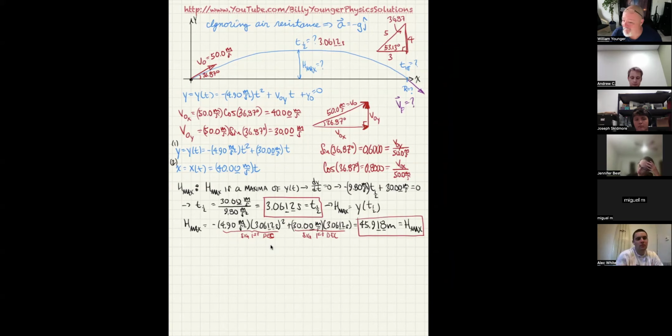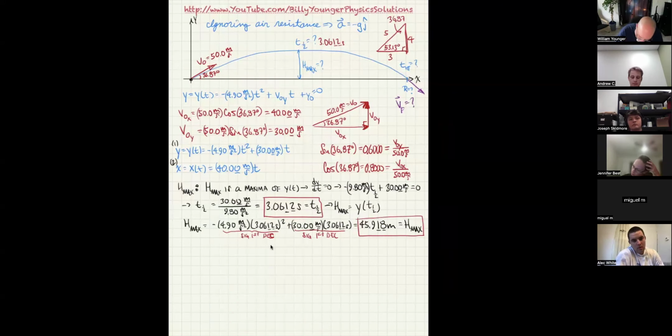Remember, I took the derivative of y of t, just treating it like a regular function and finding the maxima. The other way is exactly the same, except we're using our knowledge of physics, which is that the velocity in the y direction is the derivative of y with respect to t.